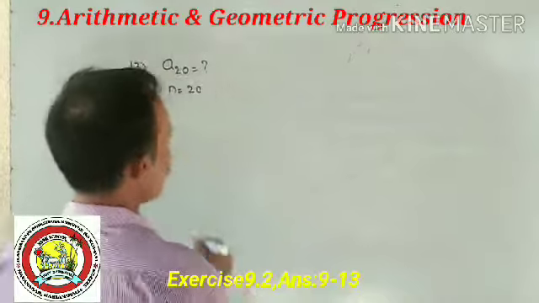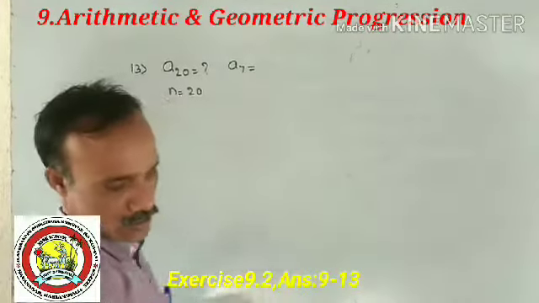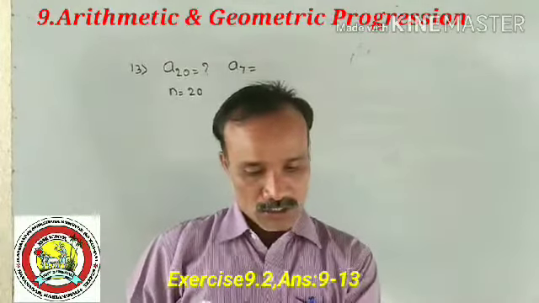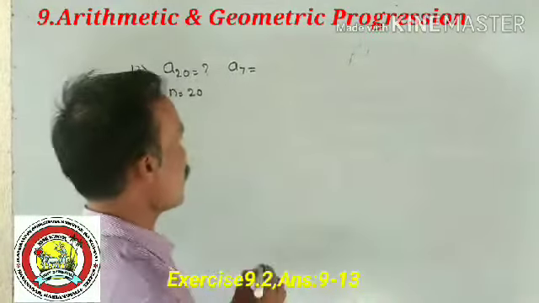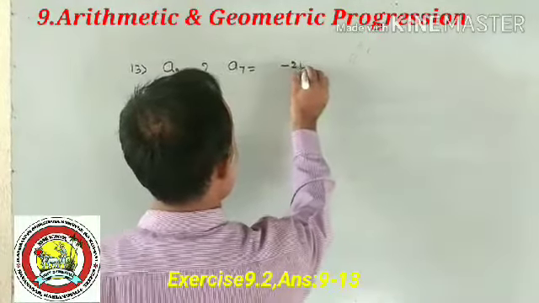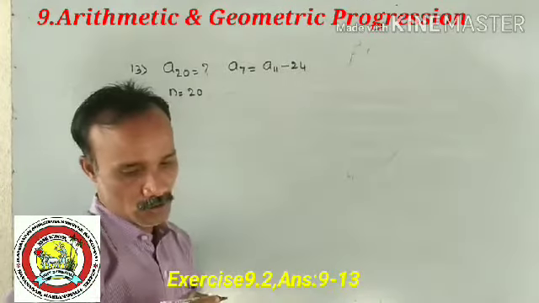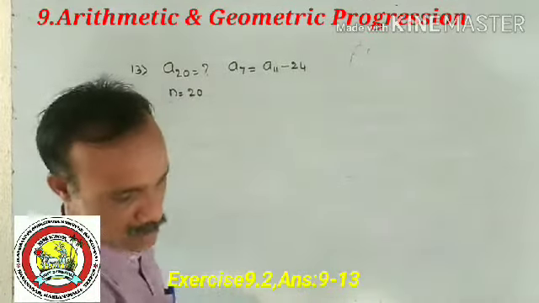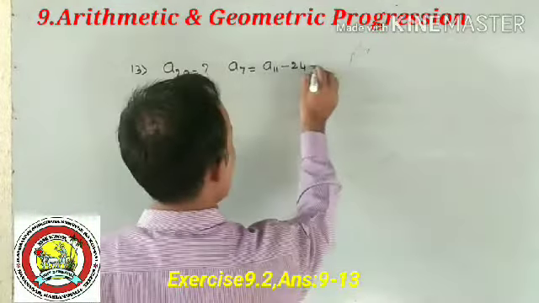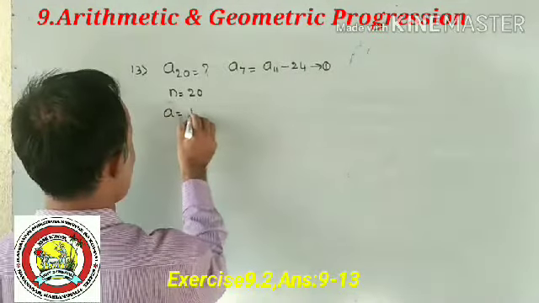Whose seventh term, A7, is equal to 24 less than the 11th term, that is A11 minus 24. First term being 12. Call this one as 1. First term they give: A is equal to 12.